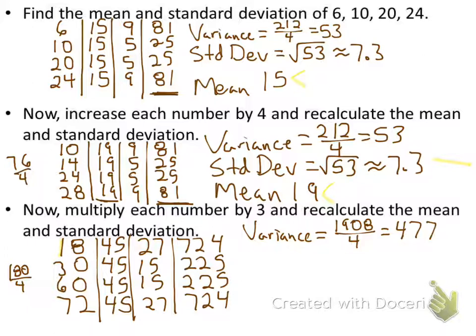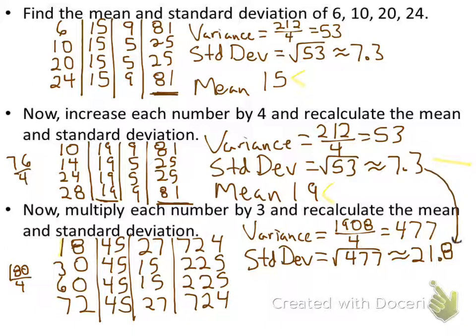We're trying to find our pattern here. But actually, when we take the standard deviation of 477, it comes out to be about 21.8, which, if we looked at the decimals out, would actually be, I realize we're rounding, 3 times 7.3.